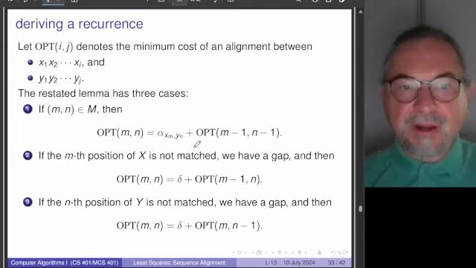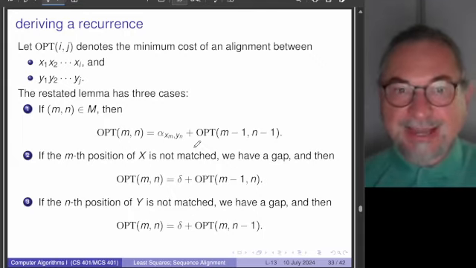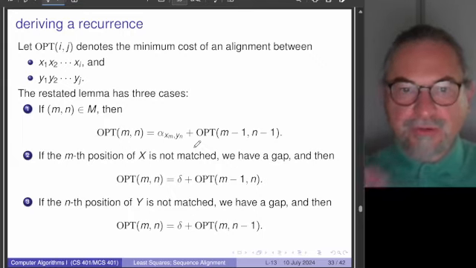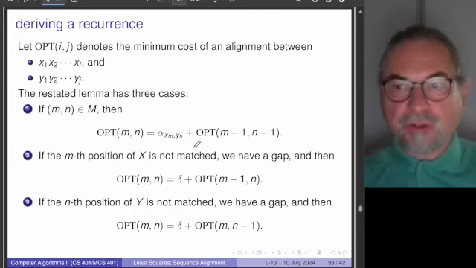So it's the added cost. Otherwise, if we are skipping the last character of the first word, we have a gap cost, that's the delta. And then the cost of mn is the gap cost plus the cost of the alignment that does not consider the last character of the first word.